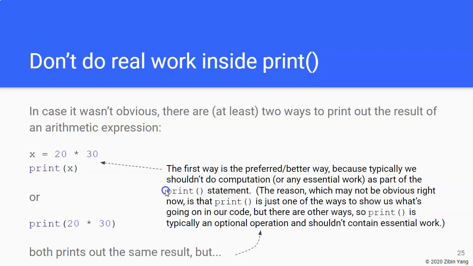Because it puts something on the screen. However, that is not the only way that we interact with or see the result of what a computer does. As a matter of fact, most of the time when you look at a computer, what you see on the screen is not a result of a print. Think about this video that you're watching, right?